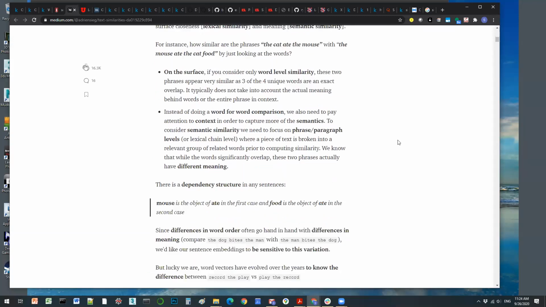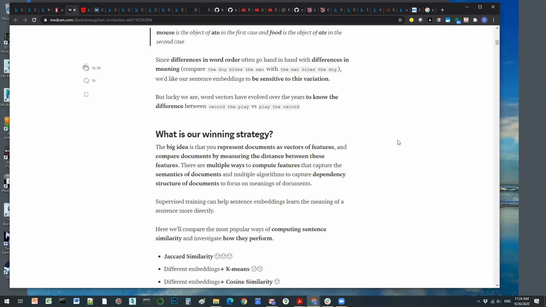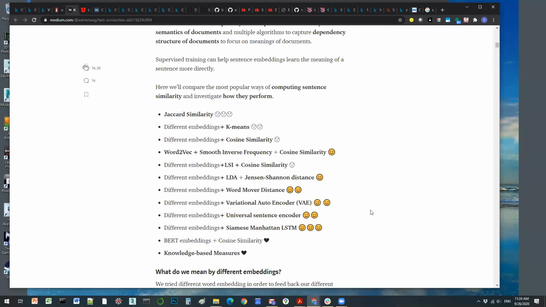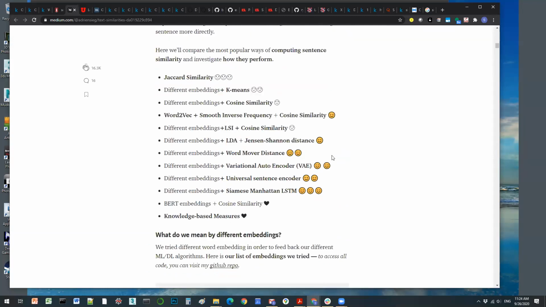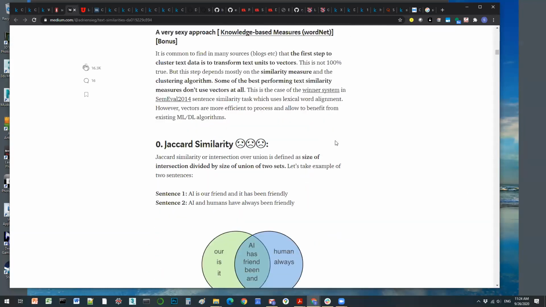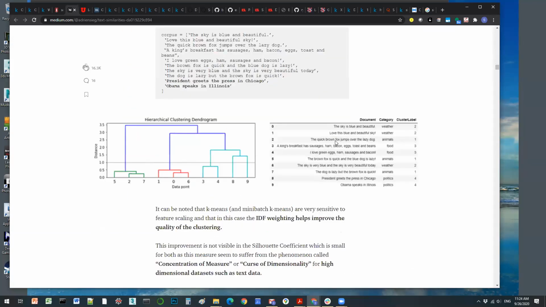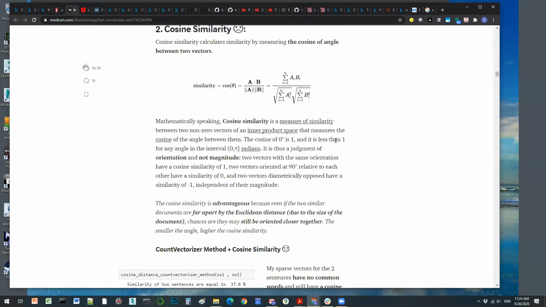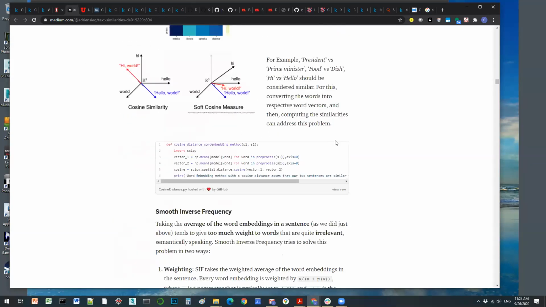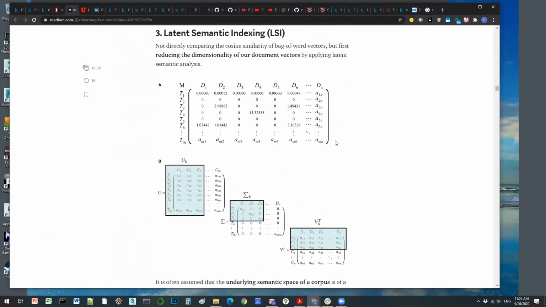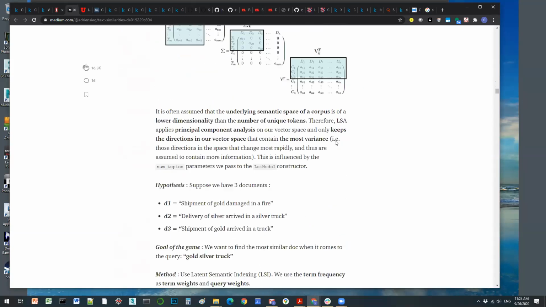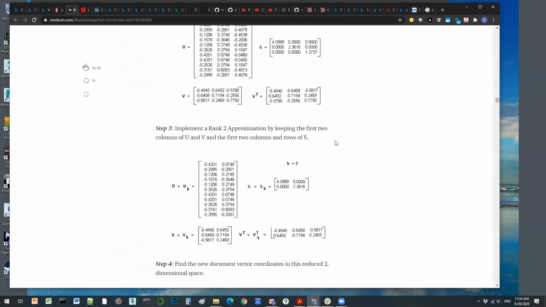So this is all the different similarity measures, and apparently, I haven't gone through all of it myself, but it even provides code for all these different things at the bottom of the article, I believe. So you can go through these: bag of words, cosine similarity, what is latent semantic indexing, and so on.